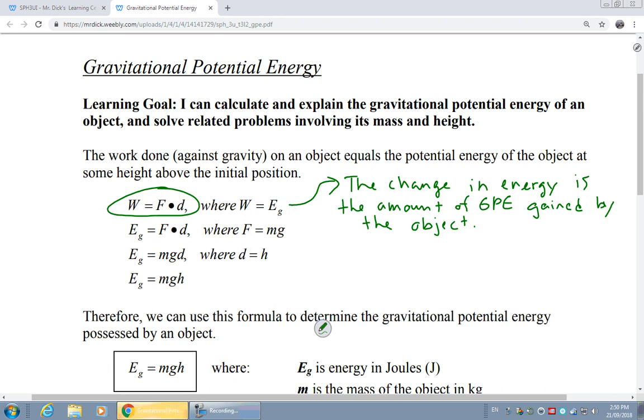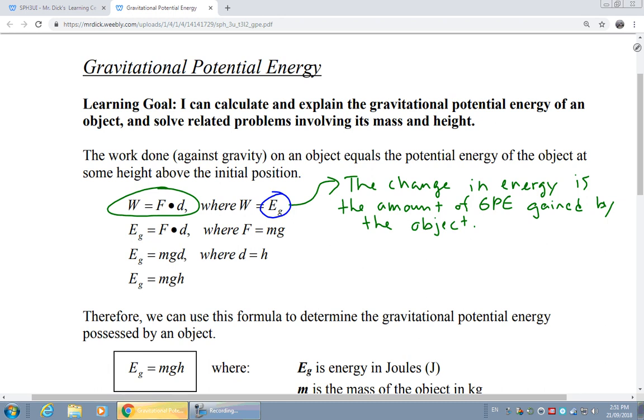And so we can say that even though we're looking for work, we're looking for some change in energy, that change in energy that we find is going to be the full amount of gravitational potential energy. And so we're going to use a new variable to represent it. We're going to use E for energy with the subscript g for gravitational. So it's E with a little g. And that's going to represent how much gravitational potential energy we have.